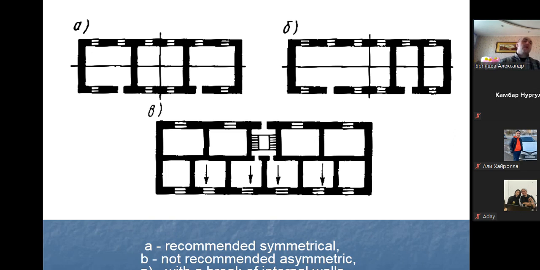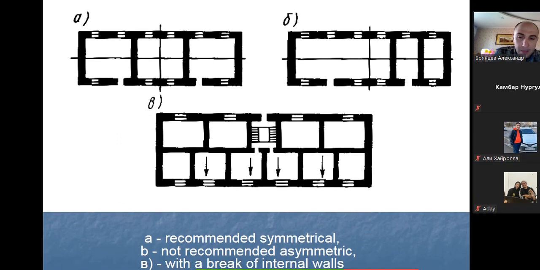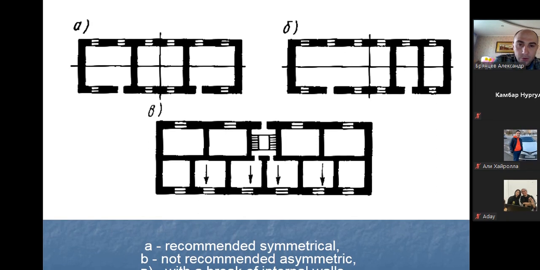That's why it is important to use symmetrically located main bearing constructions in the building, with an ordinary step, with one-way or two-way located bearing constructions, both in the cross-sectional and in the longitudinal direction. Next is the variant with brick internal walls.